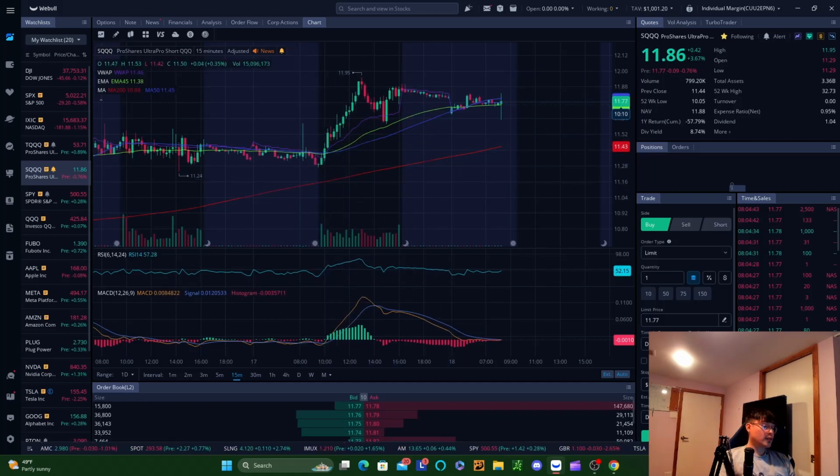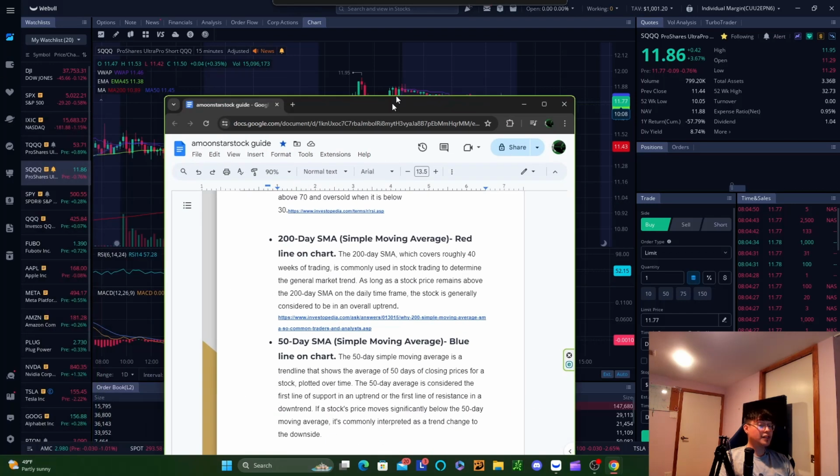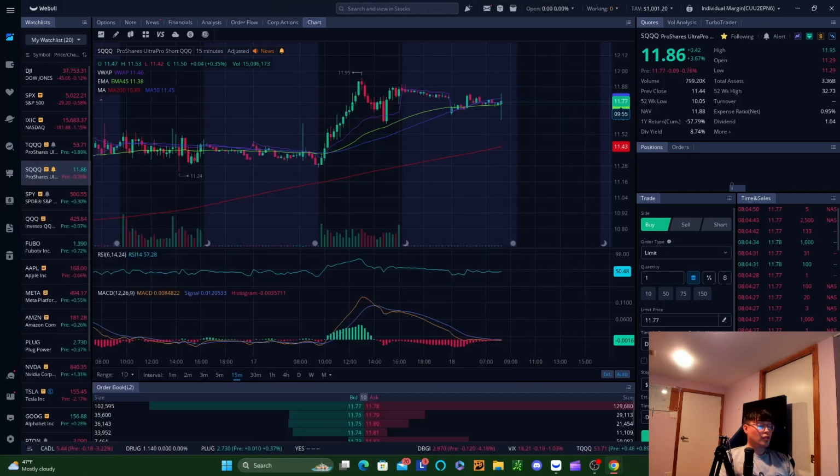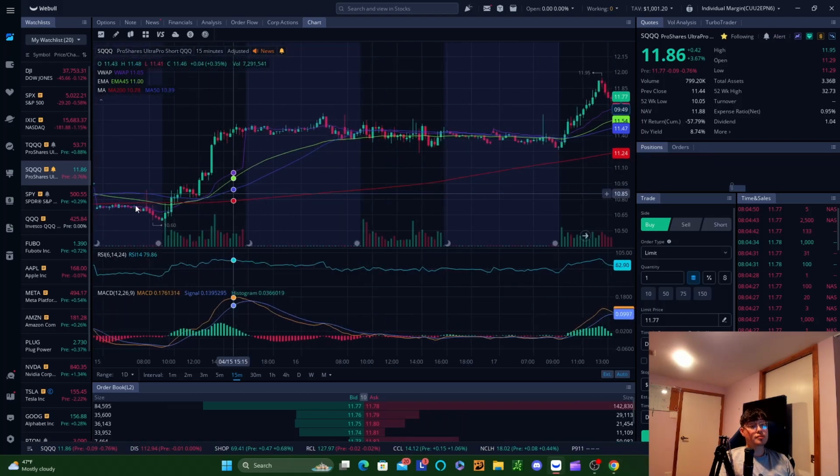Referring back to the definition of the 200, as long as the stock price remains above the 200 on the daily time frame, the stock is generally considered to be on an overall uptrend. So from what we can see, SQQQ is on an uptrend.